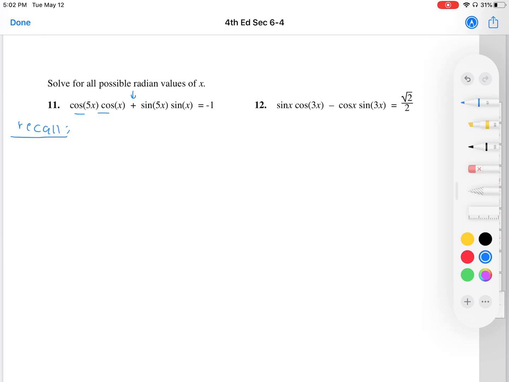This looks a lot like cosine of a minus b is equal to cosine of a times cosine of b plus sine of a sine of b. You can think of a as 5x and b as x, and you can go from there.